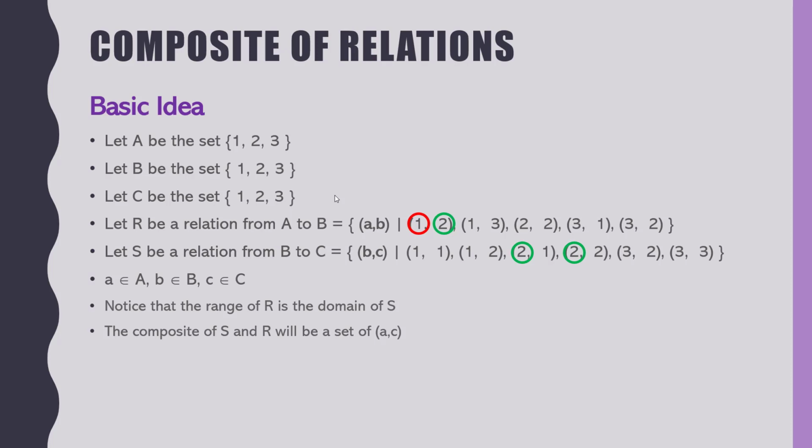Make sense? Looking at the green circles, the top row there, the 2, B, I'm looking for a place where B is now starting down below, and then I'm going to look at the values next to that, those circled blue ones. So now the pair that would be in the composite of S and R would be 1, 1 and 1, 2. Do you see that transitive nature there?